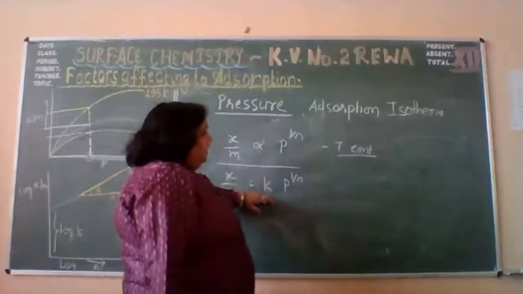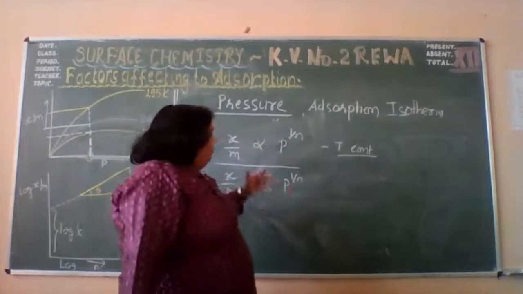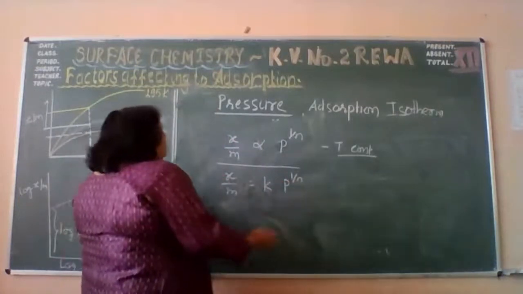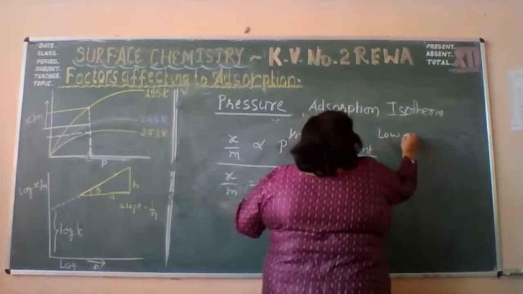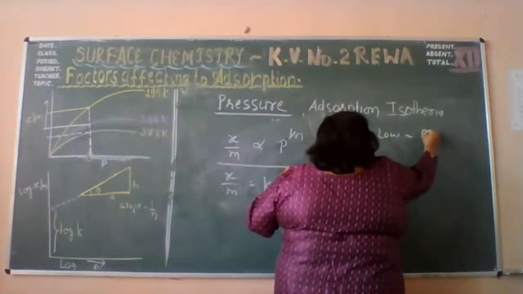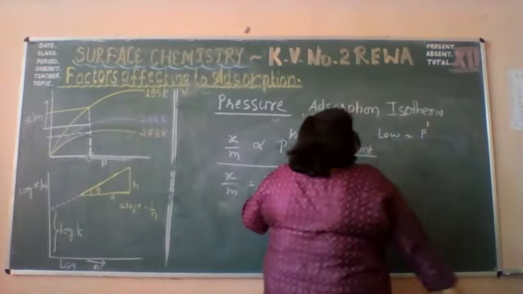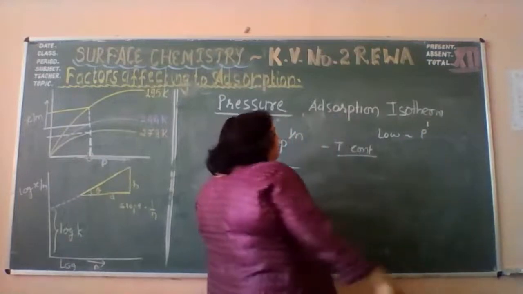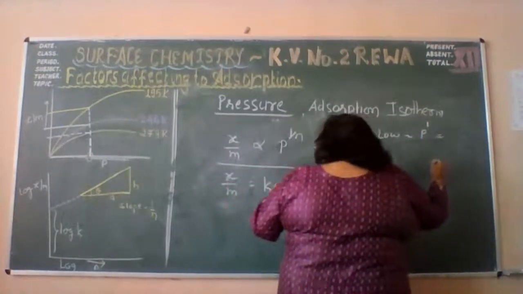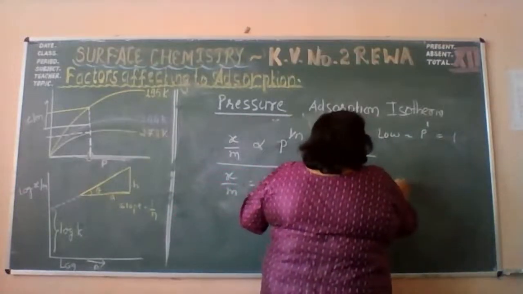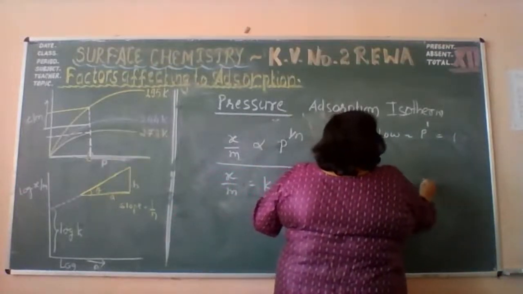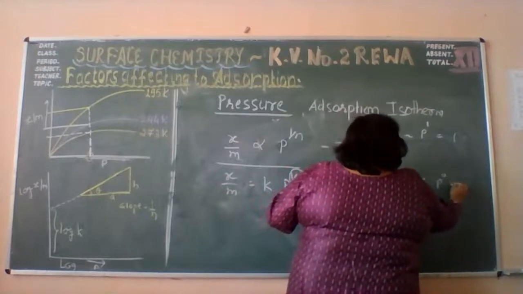For this, I think you all know what it should be. In the case of low pressure, p to the power 1 it was there. That means the value of this power was equal to 1. At high pressure, its power was equal to 0.